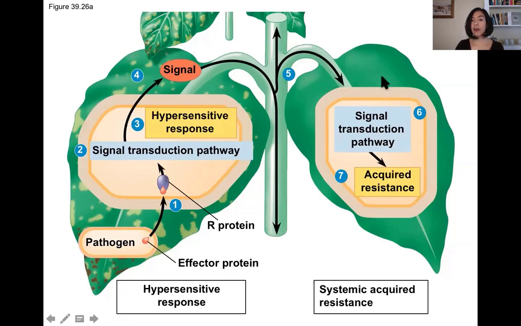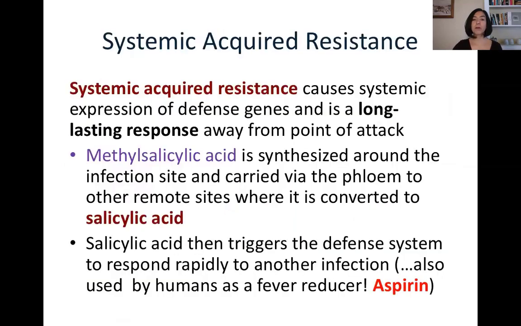For example, now this leaf that is not being attacked by the pathogen is acquiring a certain type of resistance. So it's ready for the attack. So the pathogen is spreading in this part of the plant, and now it's producing chemicals and it's ready for this attack.